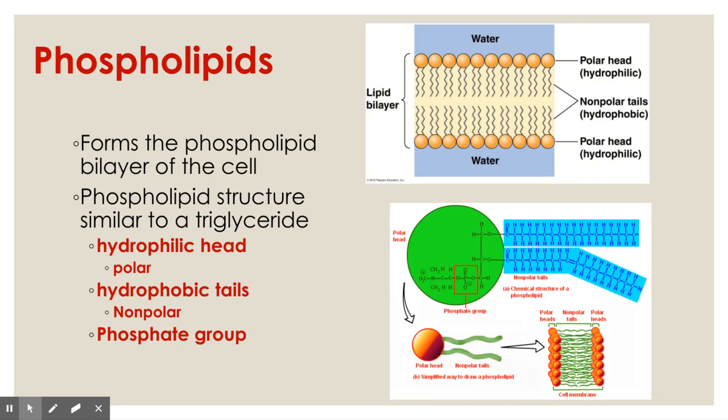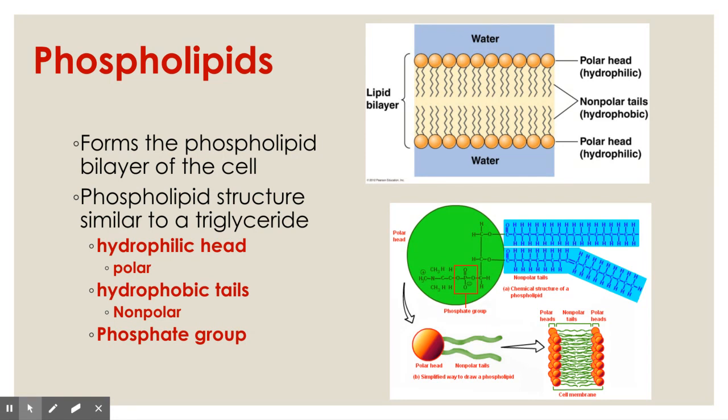Phospholipids, that's going to be very important to make the lipid bilayer of our cells. The way that it's laid out is similar to a triglyceride, except instead of those 3 tails, it's really going to have 2. We've got this hydrophilic head portion that is polar, that can interact with water.